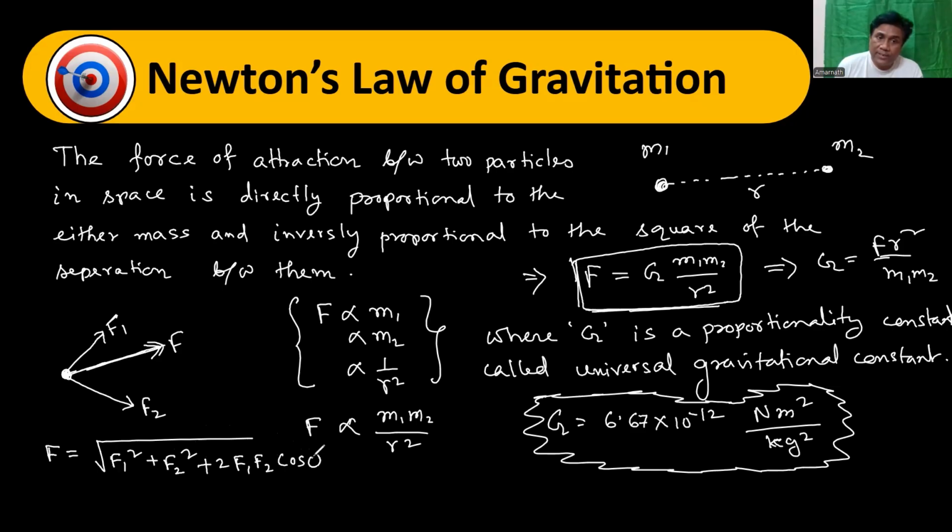We have already discussed cos theta in trigonometry. Theta is the angle between the two original vectors, F1 and F2. I have given an angle of 60 degree, so here it will be 60 degree. Please remember this formula.